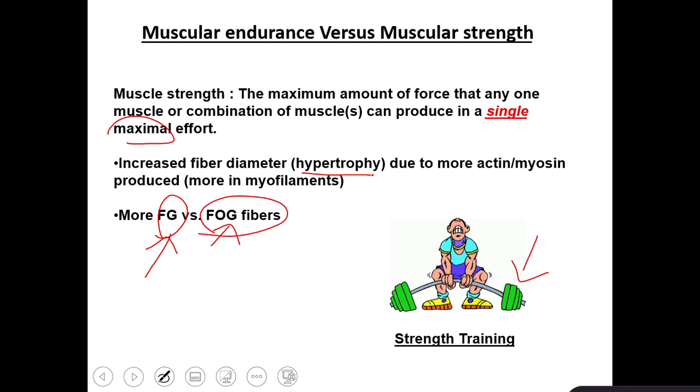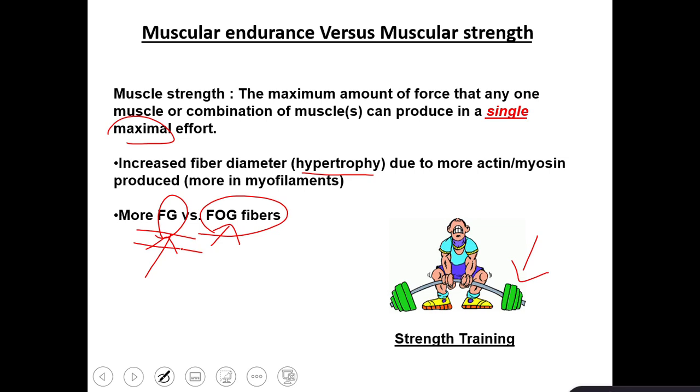So people are different when it comes to that, and this sometimes depends on genetics and also on the type of training. So people who are runners are likely to have more of the oxidative fibers in comparison to people who are able to carry weight. They are having more of those fast glycolytic fibers, the anaerobic ones.